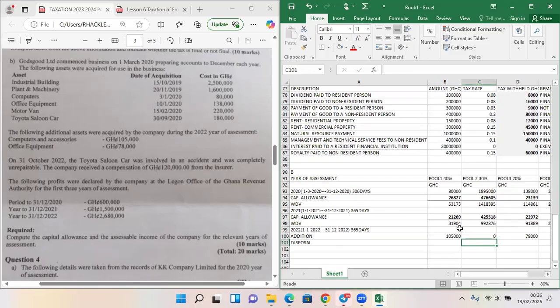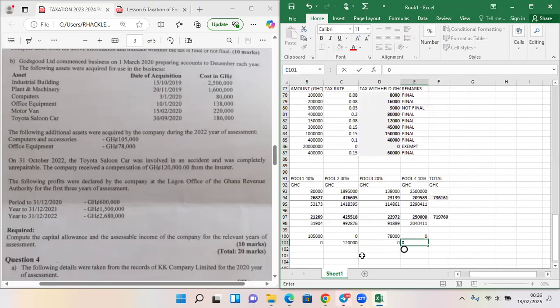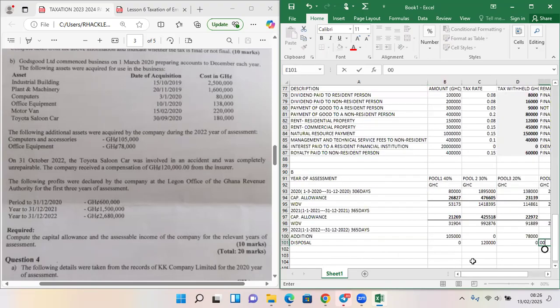So 120,000. There was nothing here, nothing here, and nothing here. The disposal will be minus.